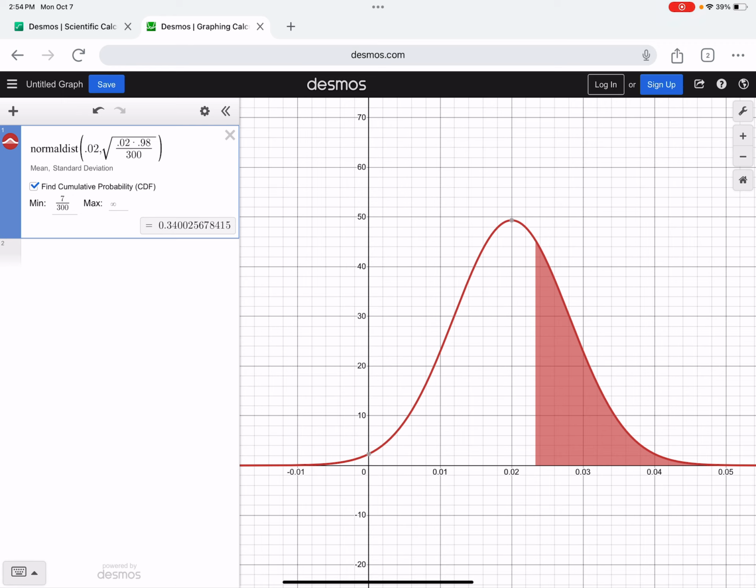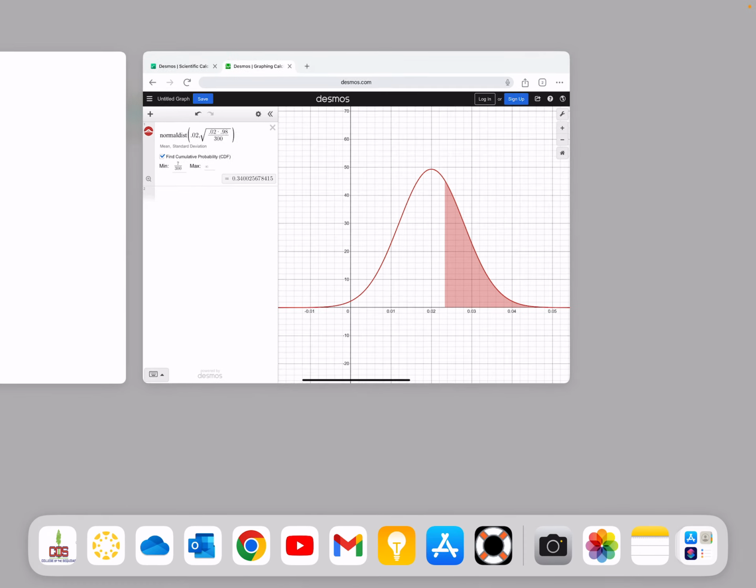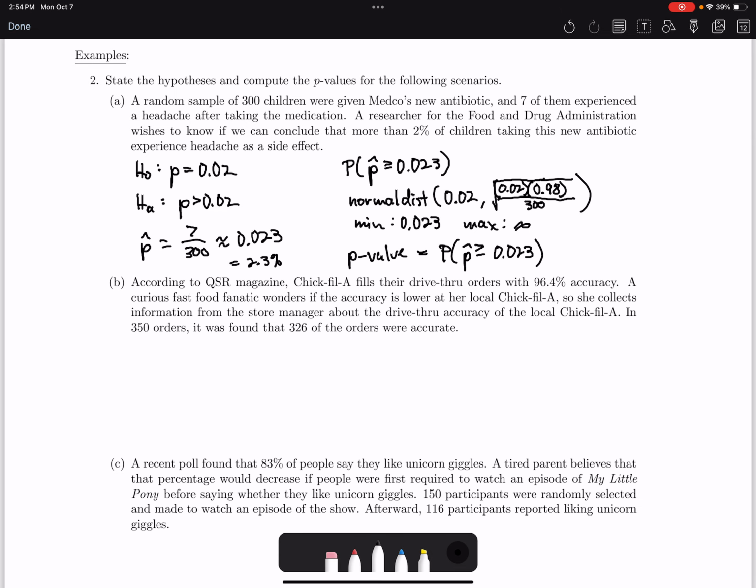Okay, so it looks like there's about a 34% chance of that happening. 0.3400 if we round to 2 decimal places. So there's our p-value. So no, I would say we don't have super great evidence here, right? 34% chance. 2.3% is just not that much bigger than 2%.